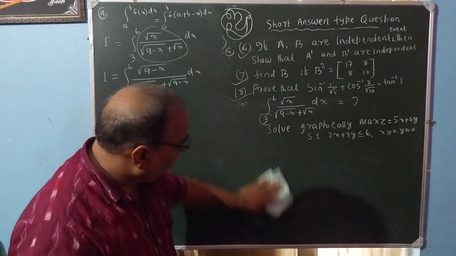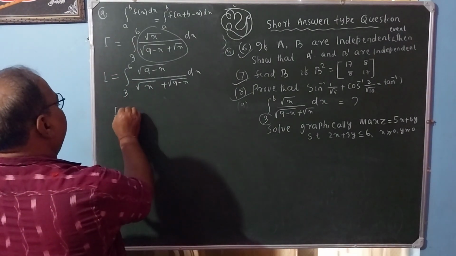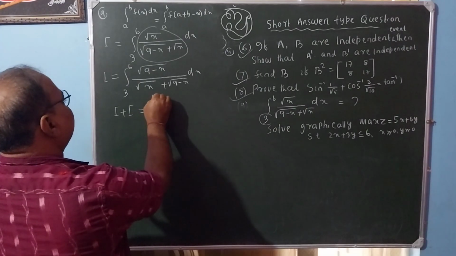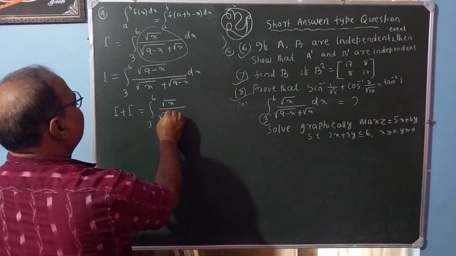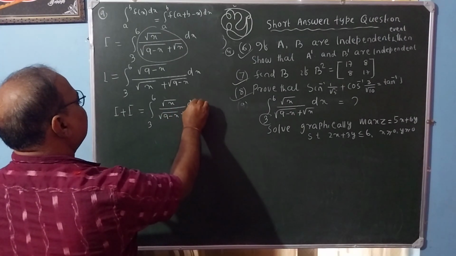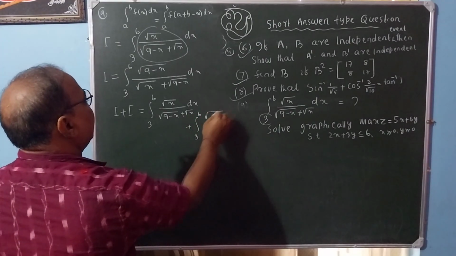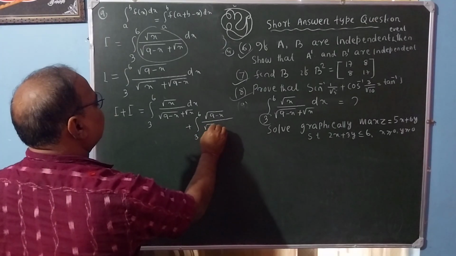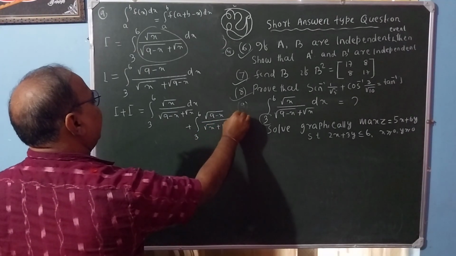Now we have to add I plus I. Write down I plus I: integral from 3 to 6 of root x over root of 9 minus x plus root x, plus integral from 3 to 6 of root of 9 minus x over root of x plus root of 9 minus x dx.